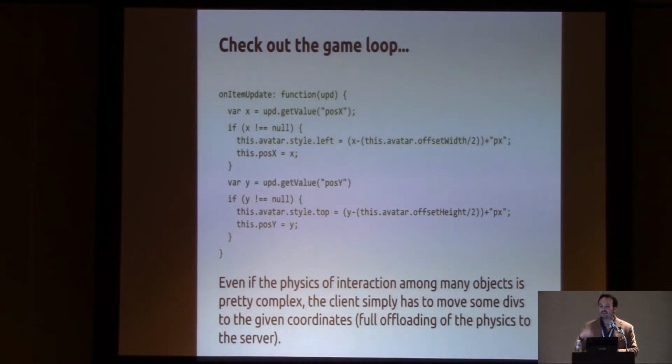But this is the actual game loop based on this kind of updates. So it's a case of full offloading of the physics to the server and the use of the WebSocket transport for the actual delivery of the positions.